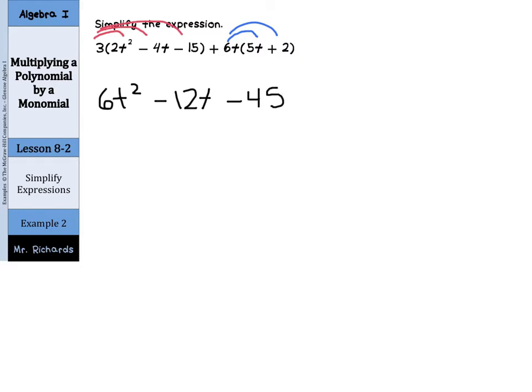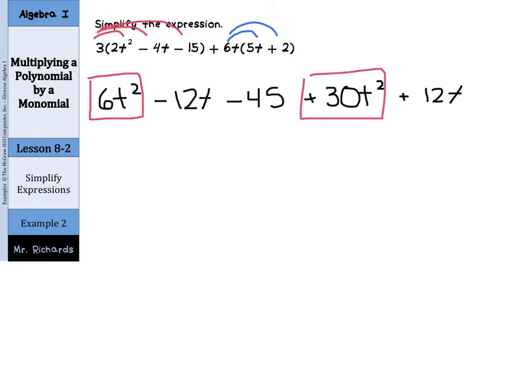And then we have 6t times 5t, which is a positive 30t squared. And then 6t times 2 is a positive 12t. And now we get to group like terms, terms with like degrees and variables. So we have our 6t squared here and a positive 30t squared there.